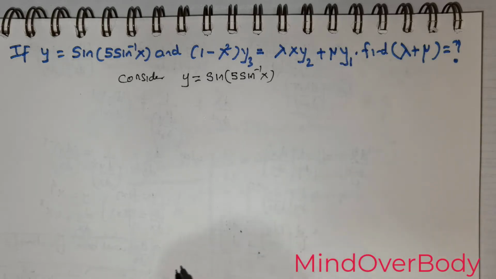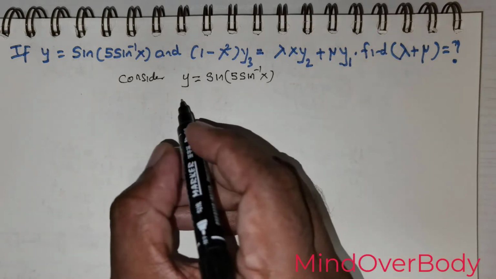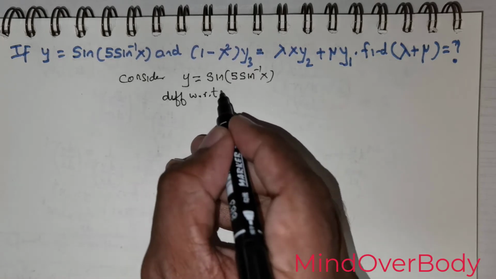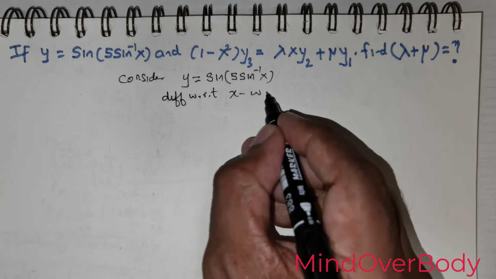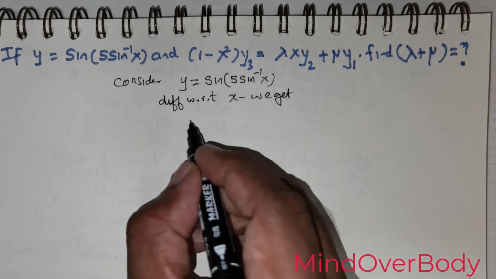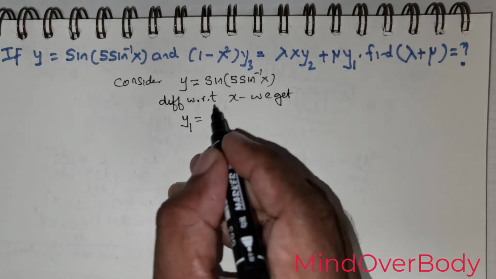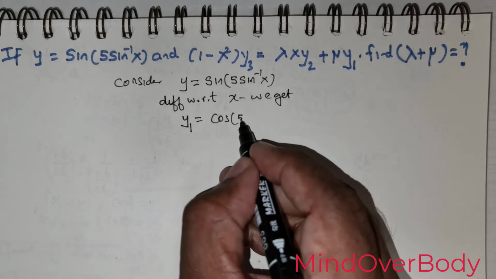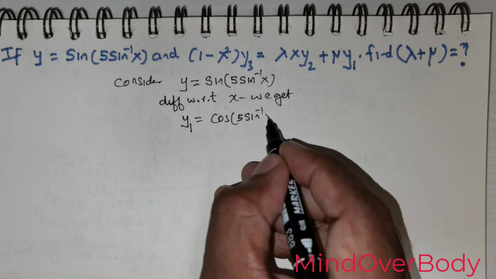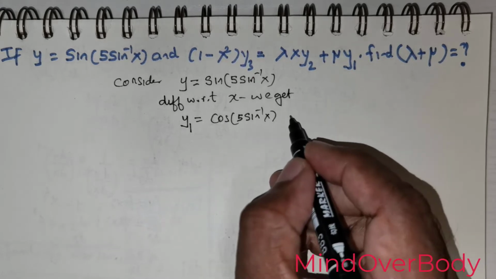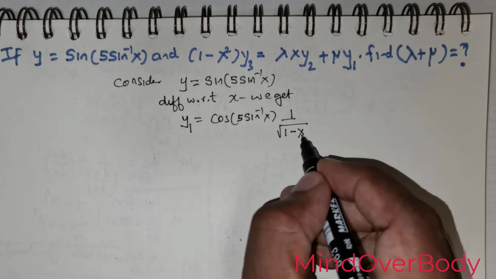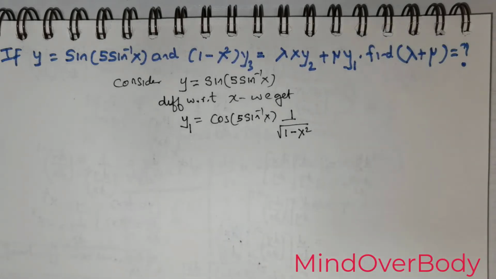So for that, let me state here, differentiating with respect to x, we get y₁ equal to the differential of sine, which gives cos of 5 sin⁻¹x. Differentiation of sin⁻¹x is 1 over root of 1 − x². So this is fair enough.